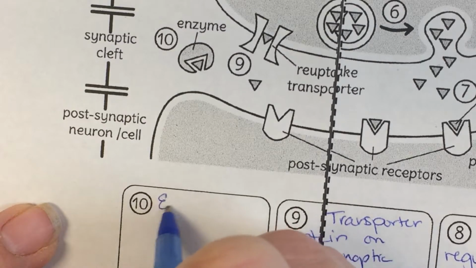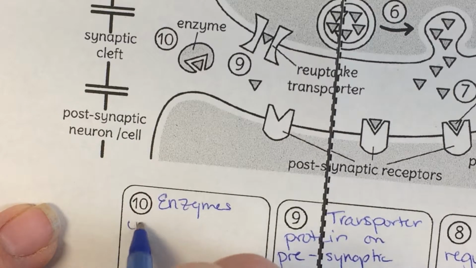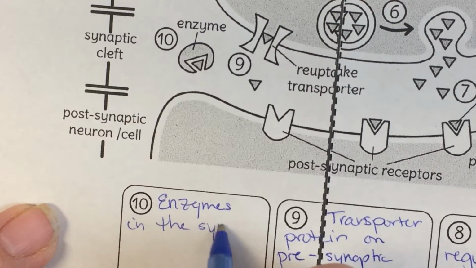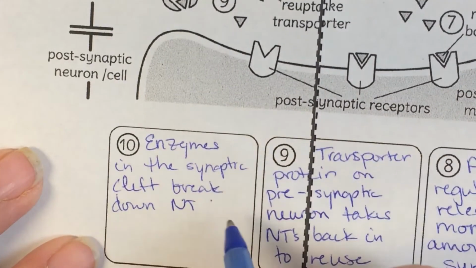So enzymes, like there's one called acetylcholinesterase, in the synaptic cleft break down neurotransmitters, and once they break them down, they can get reabsorbed and reused again.